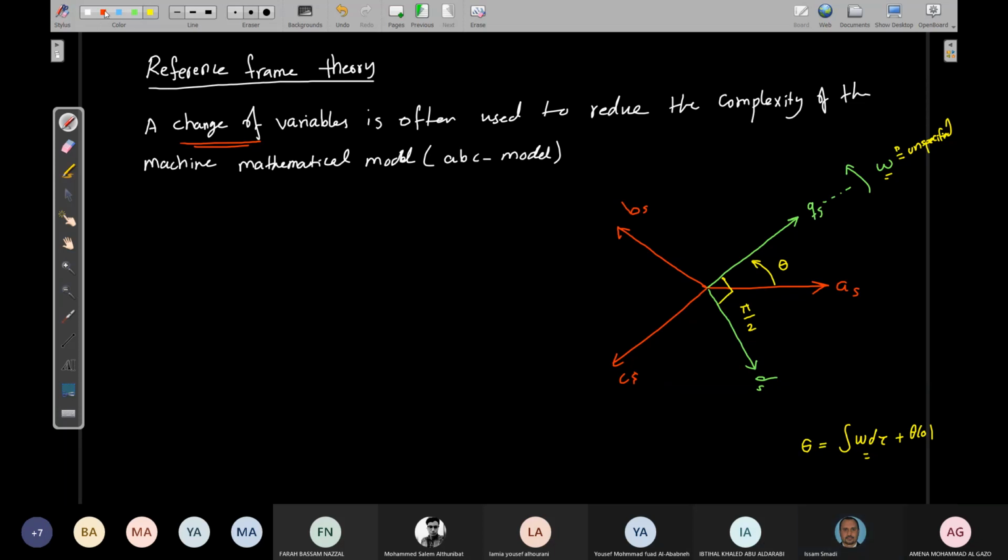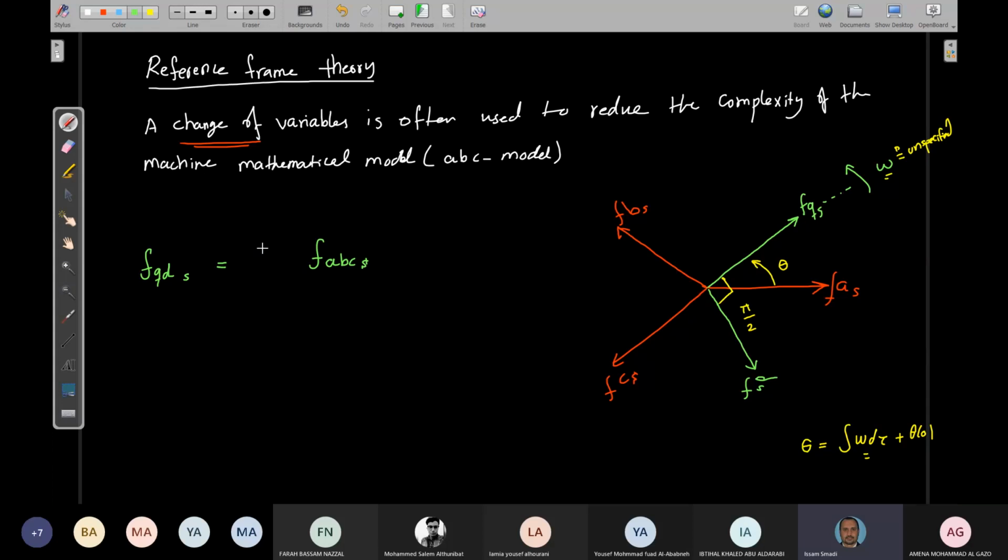Good. And let's assume that here I'm having a quantity, let's say FAS, FBS, FCS, and I need to find its projection in the direction of the Q and the D. So simply what I'm searching for is a transformation such that given FABCS, I can get the FQDS, let's say.